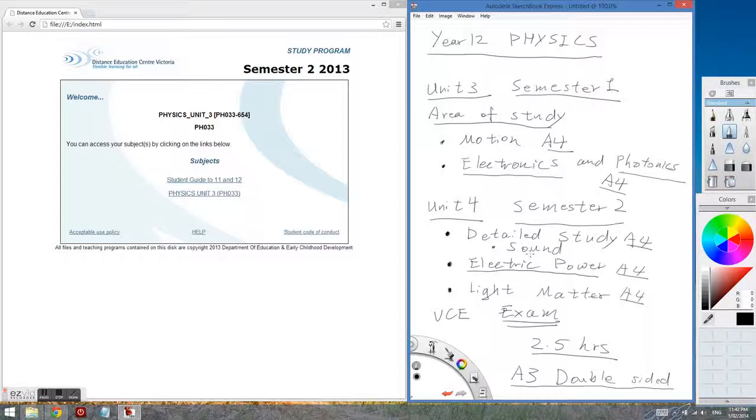I tried to show you a past exam paper, but what's happened is that before 2002, physics students were doing 2 exams, 1 hour each.